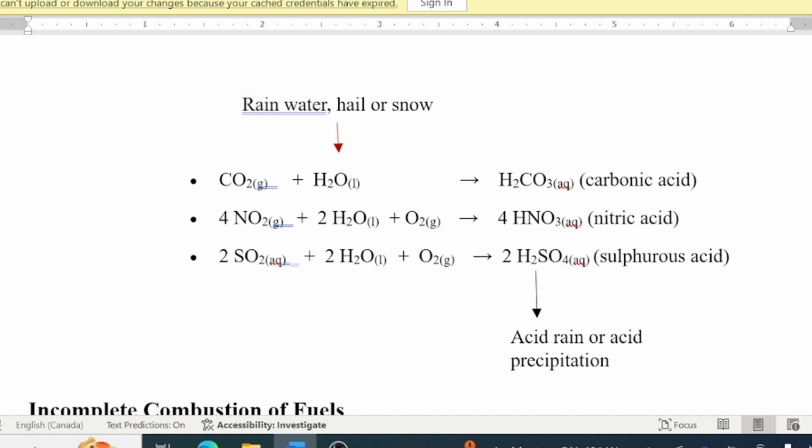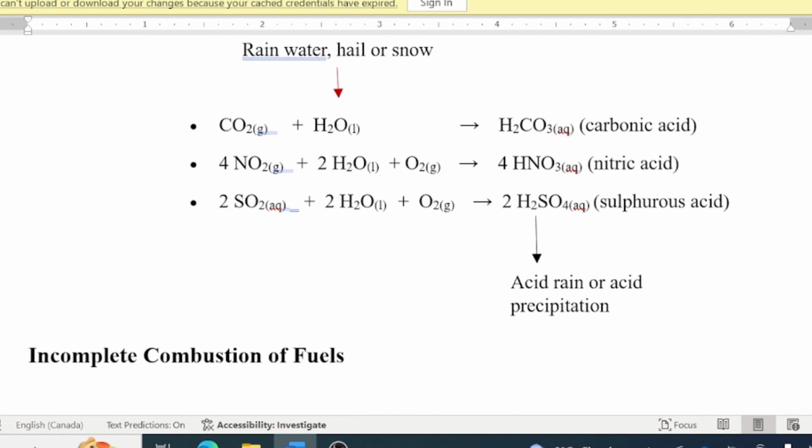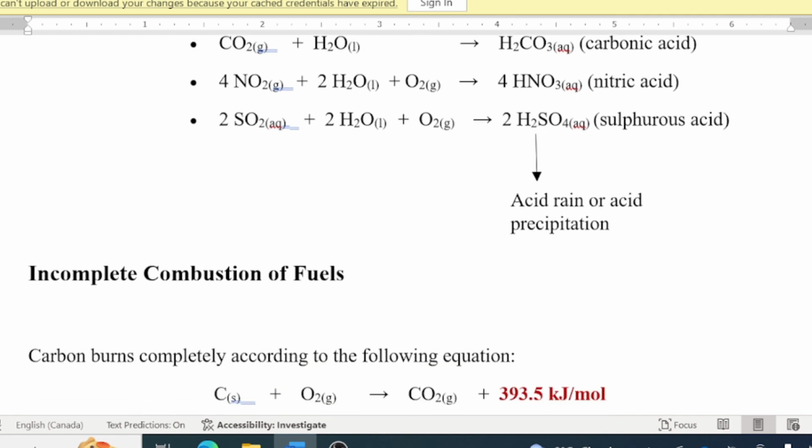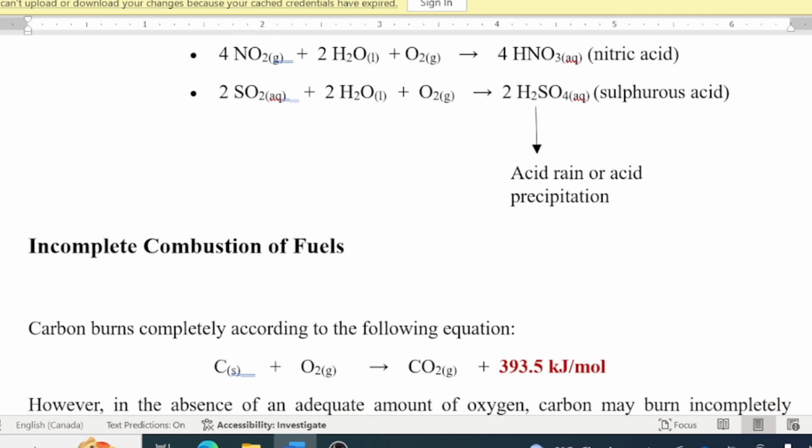When rain, hail or snow fall and come in contact with these gases in the atmosphere, invariably they react with them to form these different acids. Here you have carbonic acid, nitric acid, and sulfuric acid. And of course, when you study the effects of acid rain, you can know the devastating consequences of that.